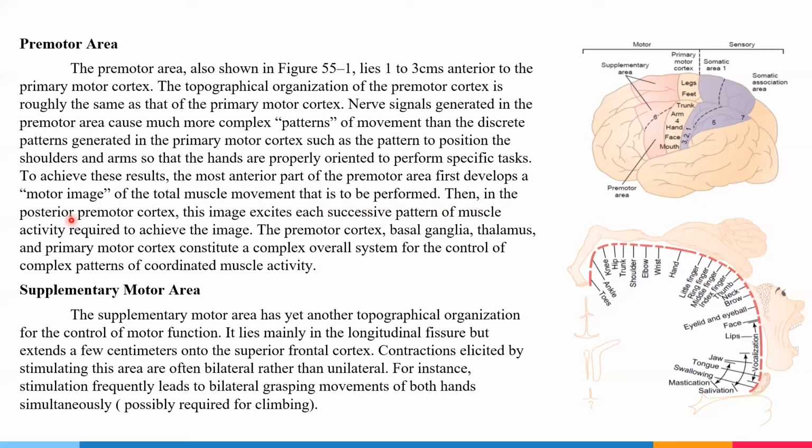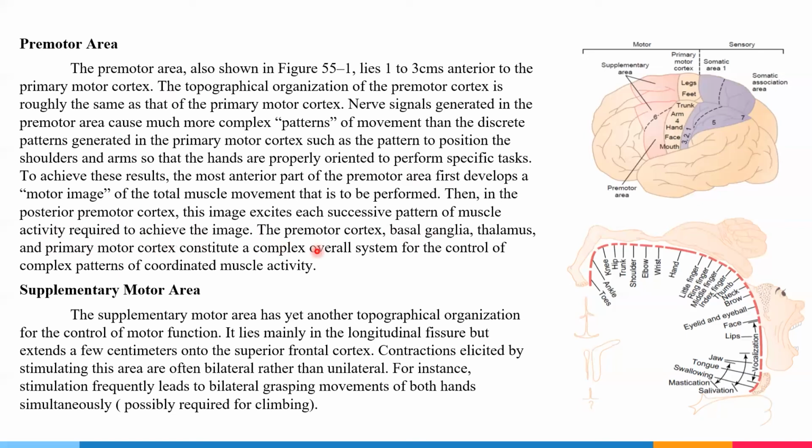Then, in the posterior premotor cortex, this image excites each successive pattern of the muscle activity required to achieve the image.